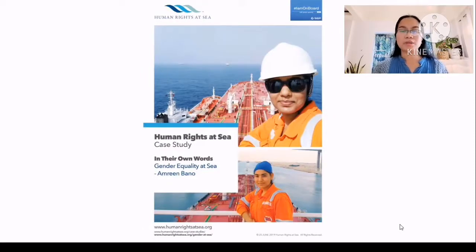So why do we want to eliminate gender bias, discrimination, gender stereotypes? Because it can actually go a long way if we will not eliminate it. Looking at this, I was not able to screenshot a particular advertisement or announcement wherein they are hiring seafarers, pero nakalagay doon, preferably male.